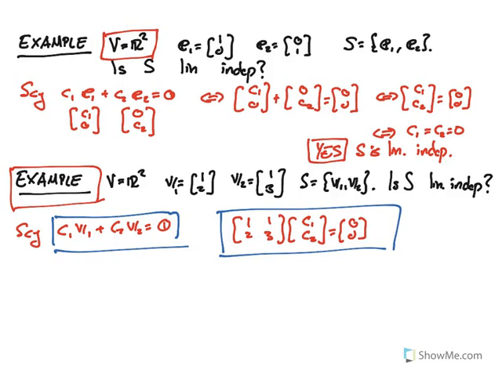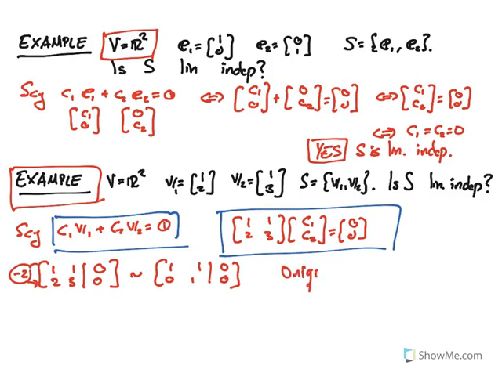We write that system as follows. We row eliminate, so we take -2 times the first row and add it to the second. We get... And now we see that there is a unique solution to this, because we have a pivot element in each column.